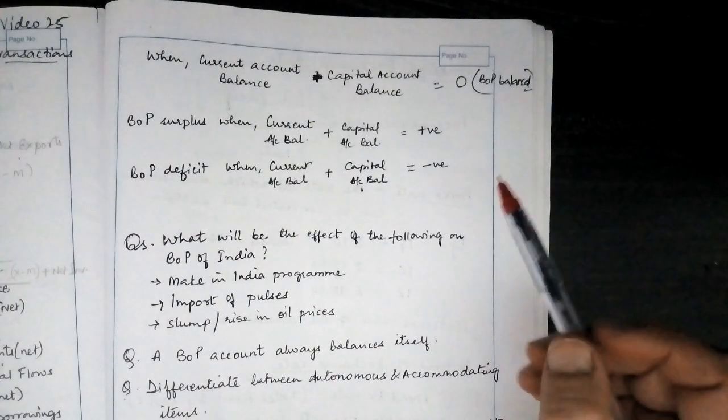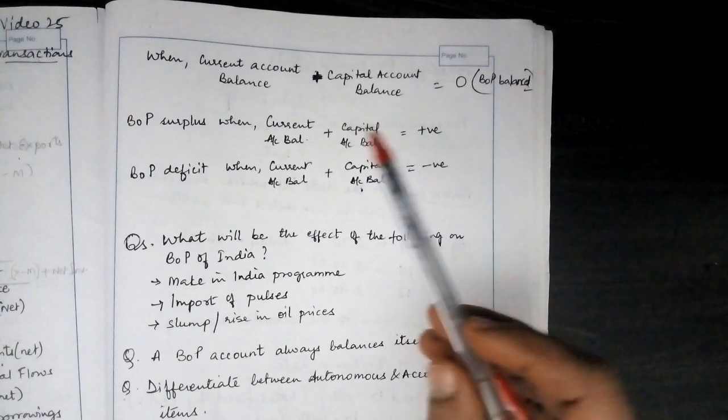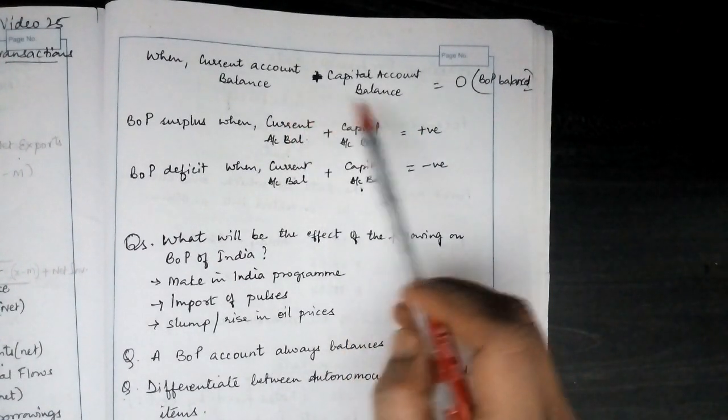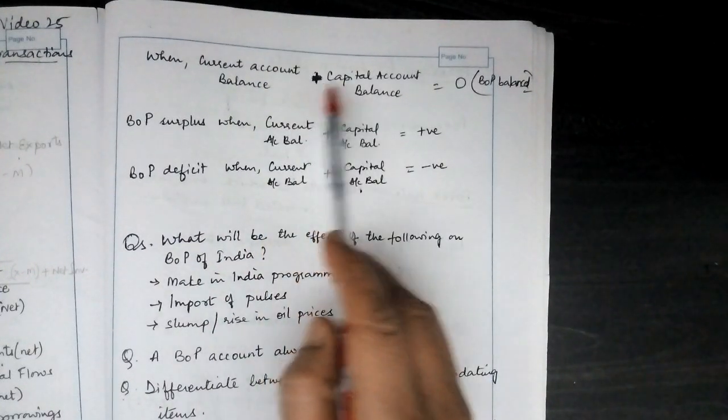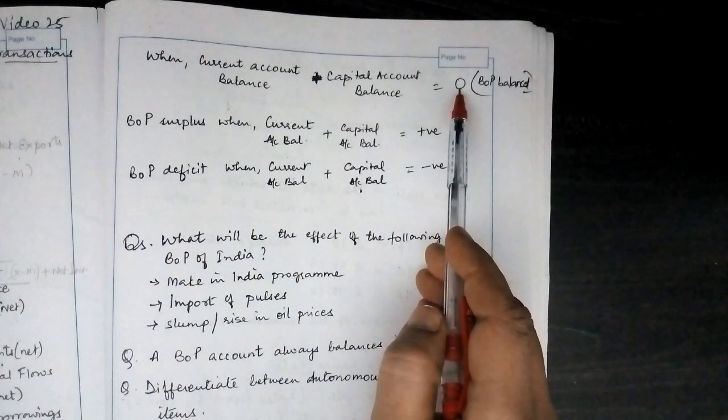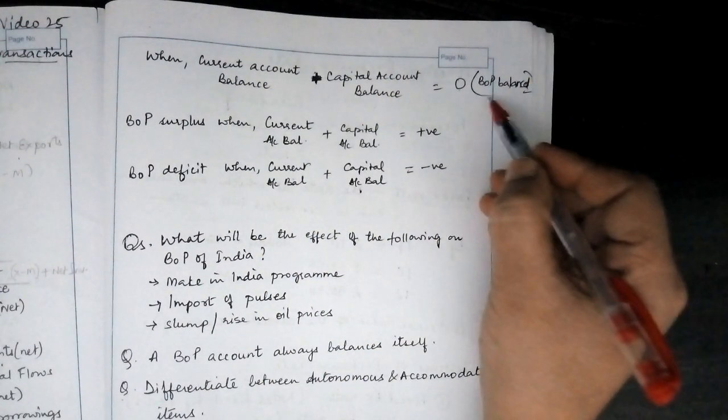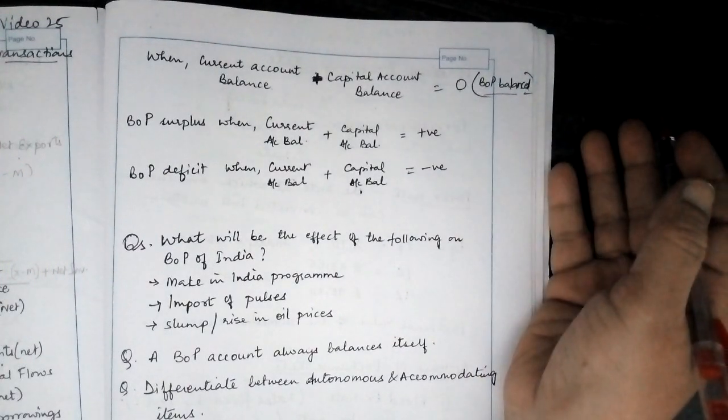Whatever is the deficit, that is compensated by the official reserves account. Now we learned that the autonomous transactions will include the current account and the capital account. When the current account balance plus capital account balance is equal to 0, then we say that the balance of payment is balanced.